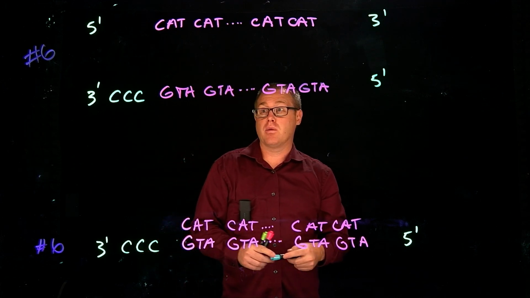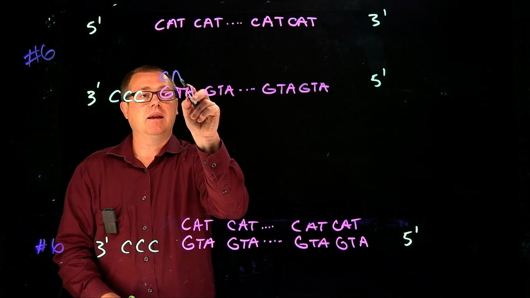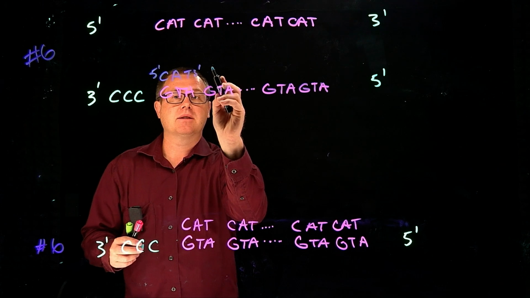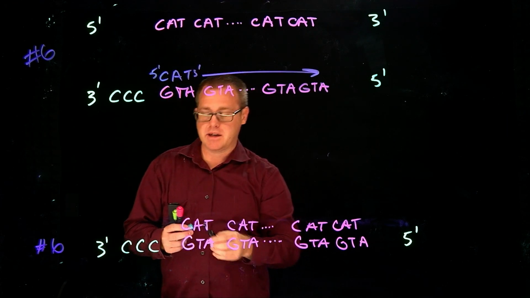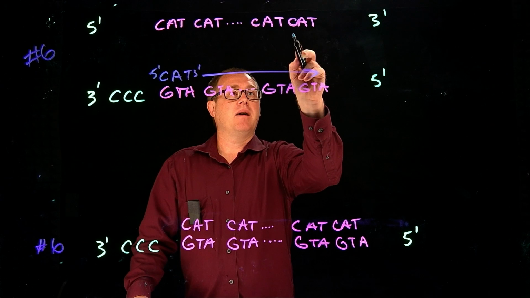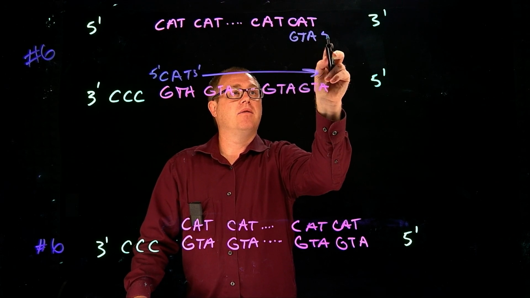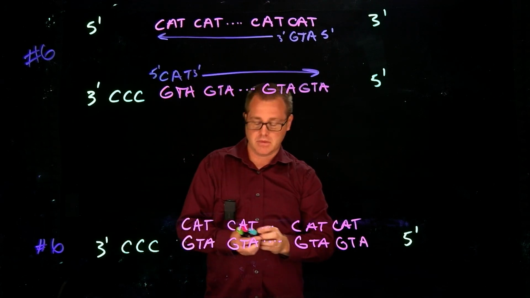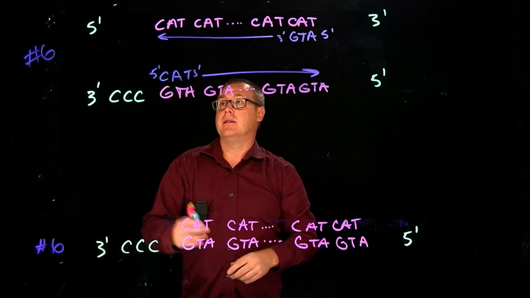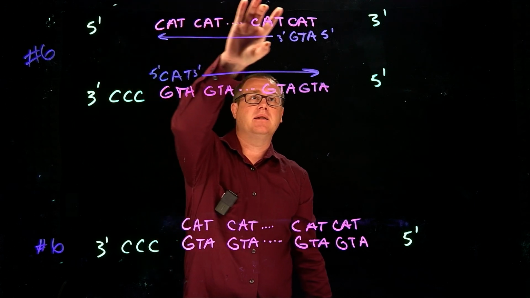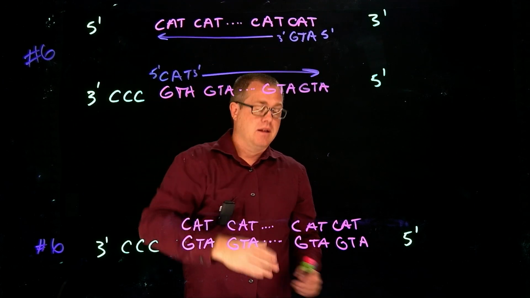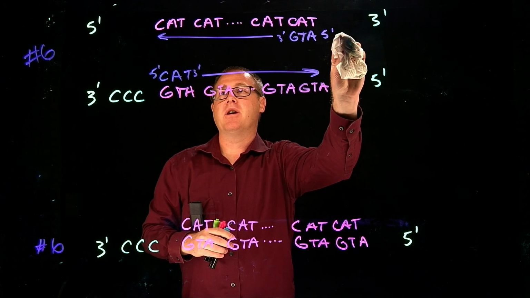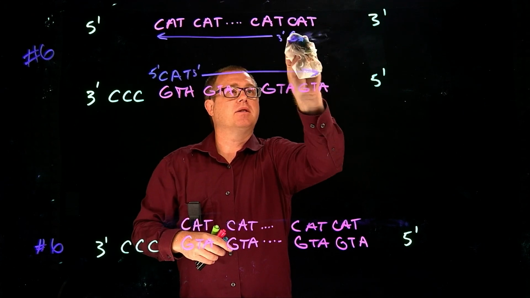So now we take our forward primer. So that would be CAT. There's our 5 prime, 3 prime end of the primer. That's going to synthesize in that direction. Our reverse primer, GTA, 5 prime, 3 prime direction, synthesize in that way. So if we take the coding strand right here, and then we do the DNA polymerase, what are we going to generate?